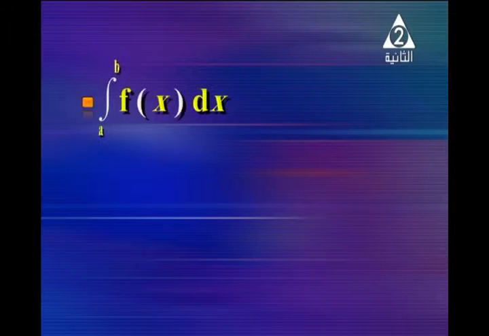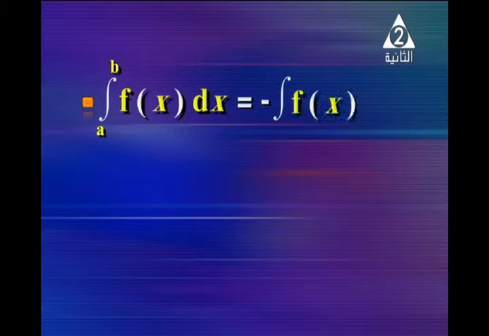Number 1: the integration from a to b of f of x with respect to dx equals the negative integration from b to a of f of x dx.